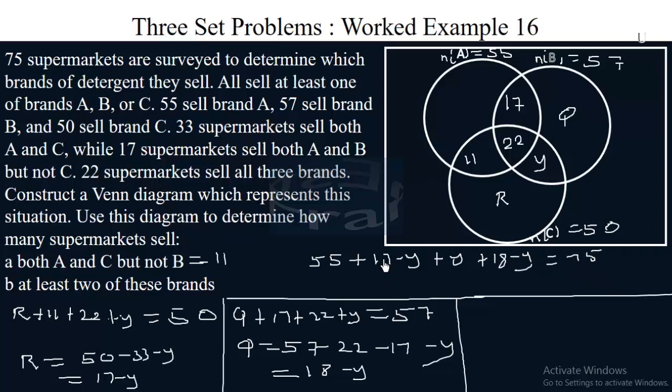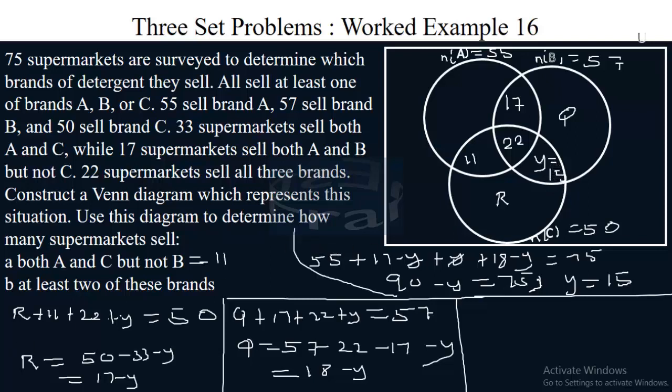So this and this will give us 35, but this will give us 90. So we have 90 minus Y is equal to 75. So Y is equal to 90 minus 75, which will give us 15. So Y is equal to 15 over here.